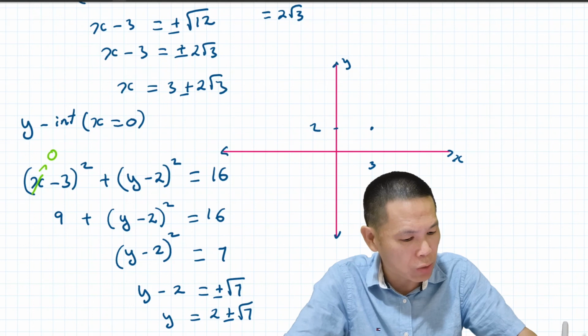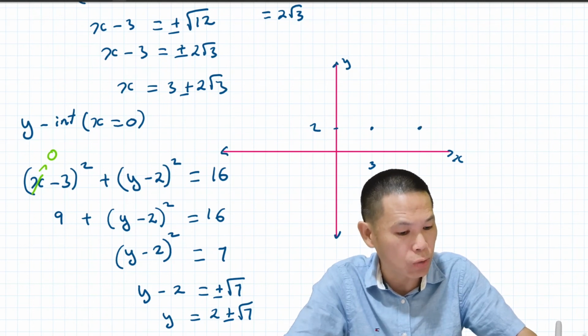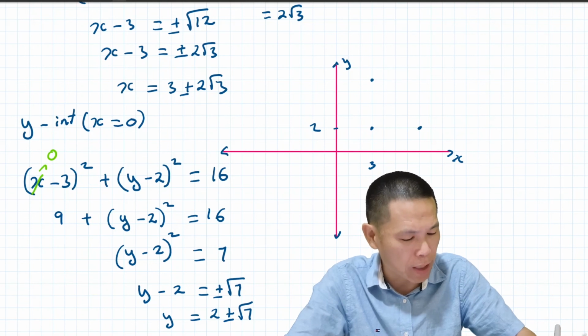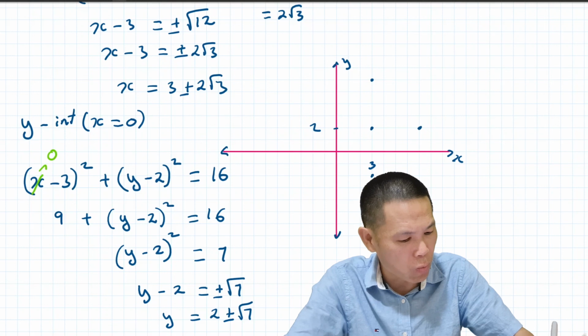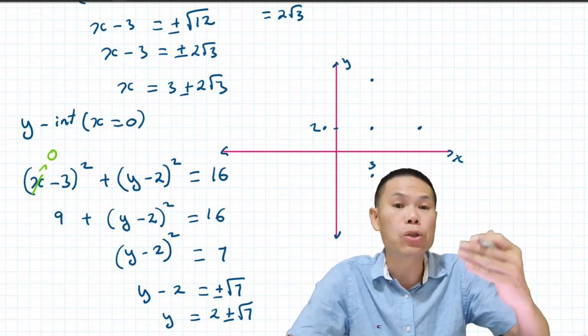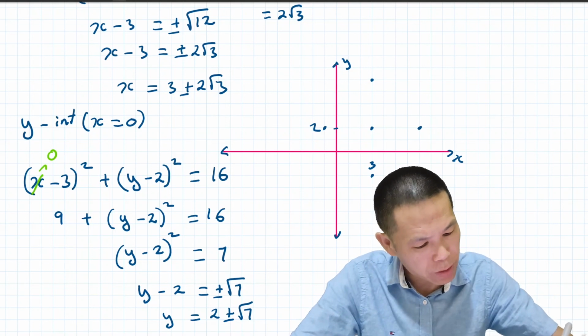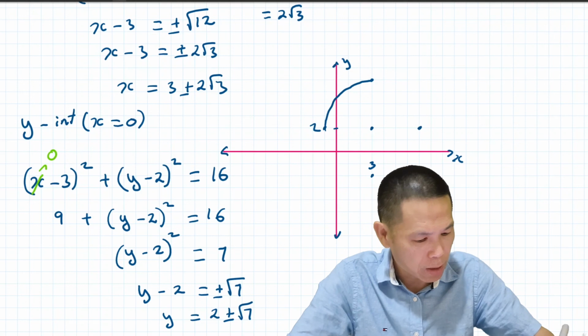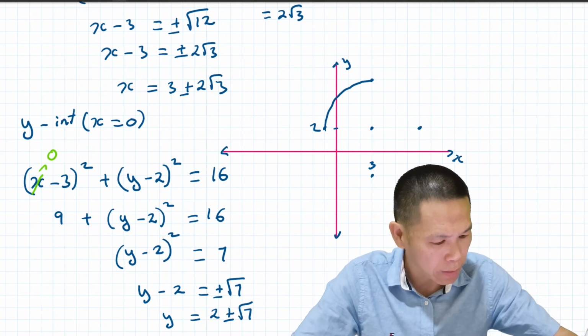From the center, we move 1, 2, 3, 4 to the right, up 1, 2, 3, 4, down 1, 2, 3, 4, and across to the left 1, 2, 3, 4. Now we just join these points together.